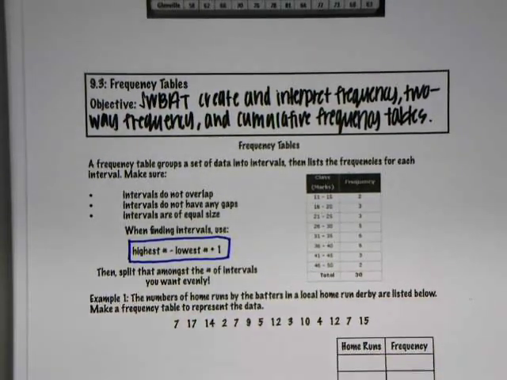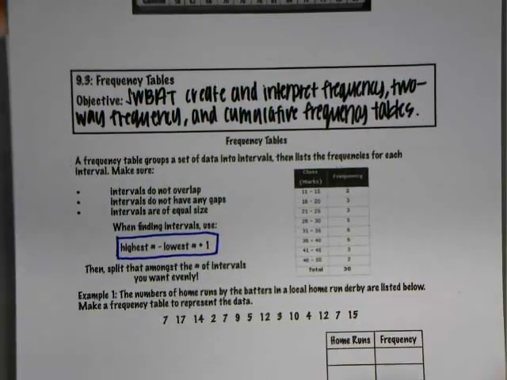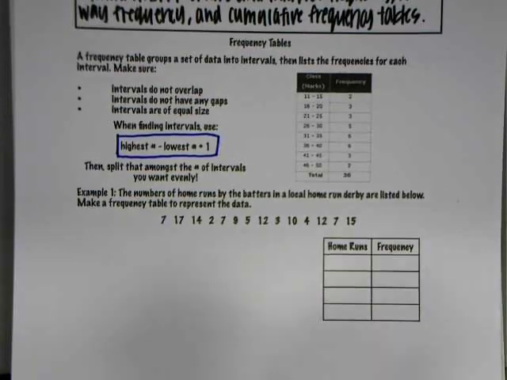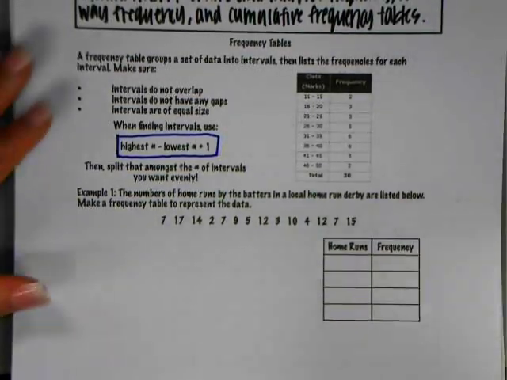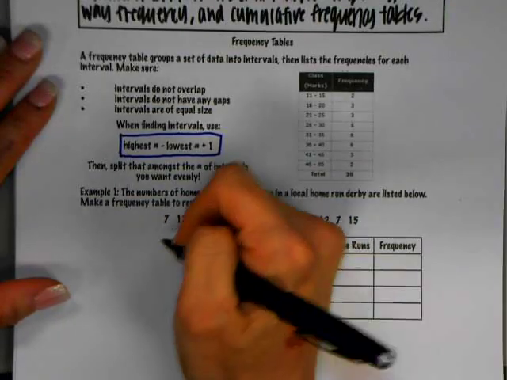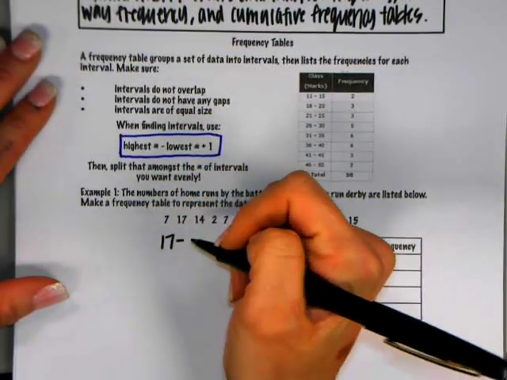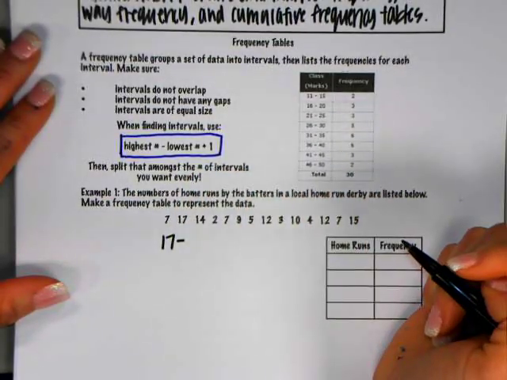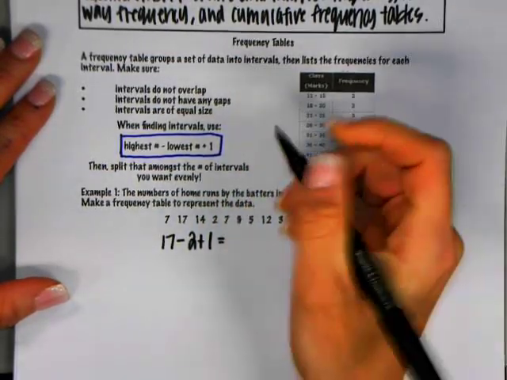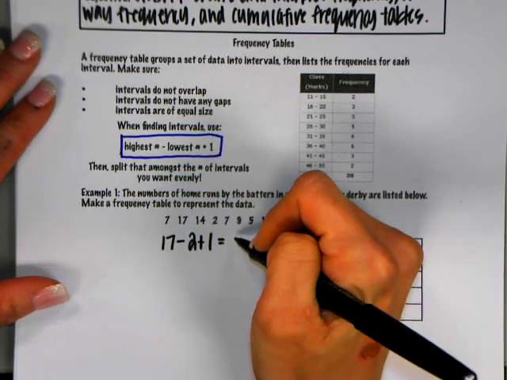So, for example, on this one, what's the highest value we have? 17. 17, yeah. So 17 minus, what's the lowest number? 2 plus 1 is going to be what? 16. 16, yeah.